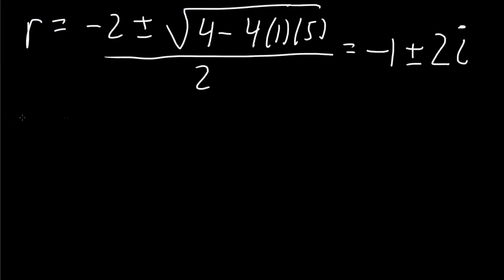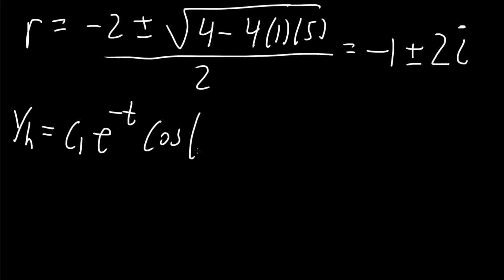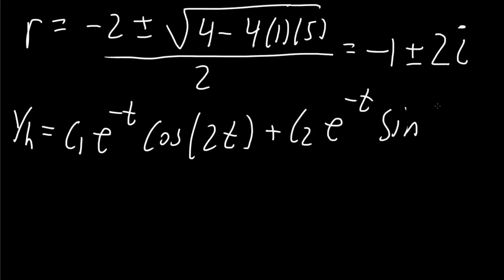So our homogeneous solution, that is, if it equals 0, we would get c1 e raised to negative t cosine 2t, because we have 2i, plus c2 e raised to negative t sine 2t.